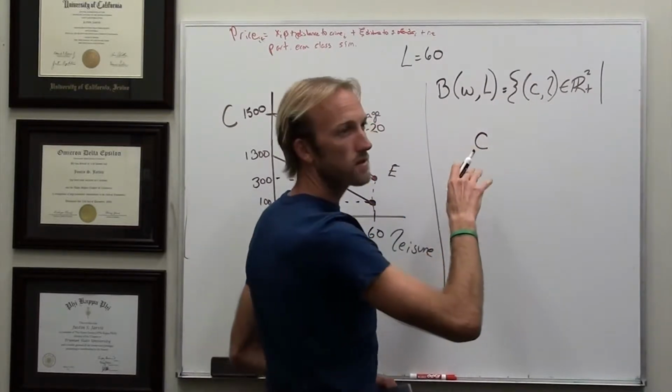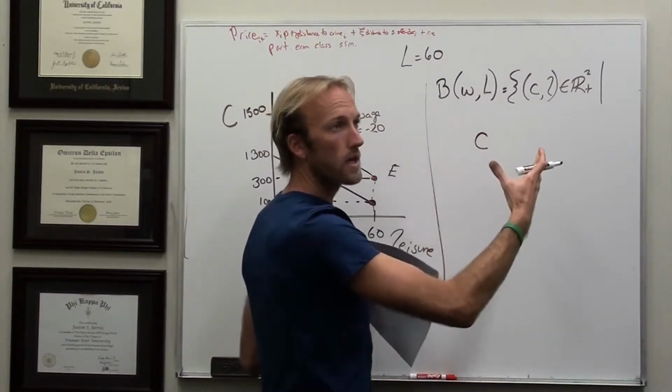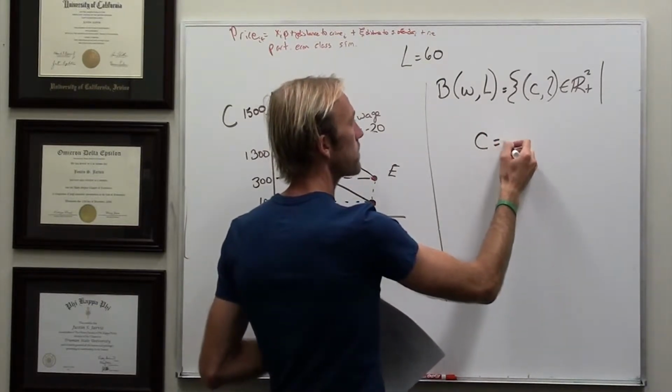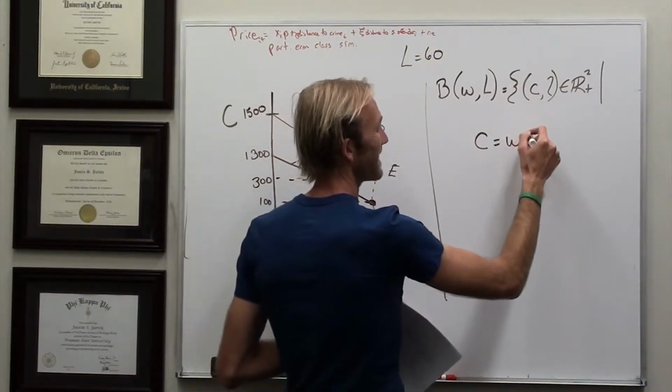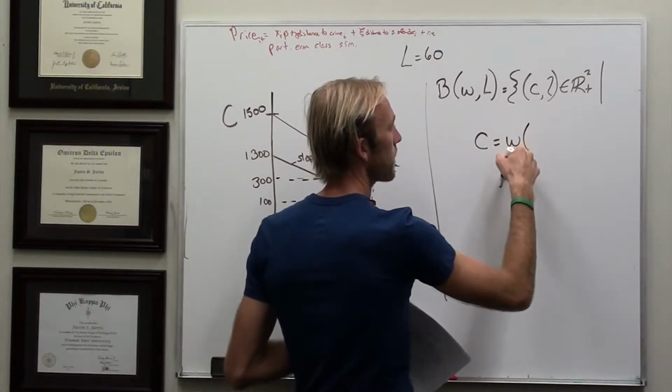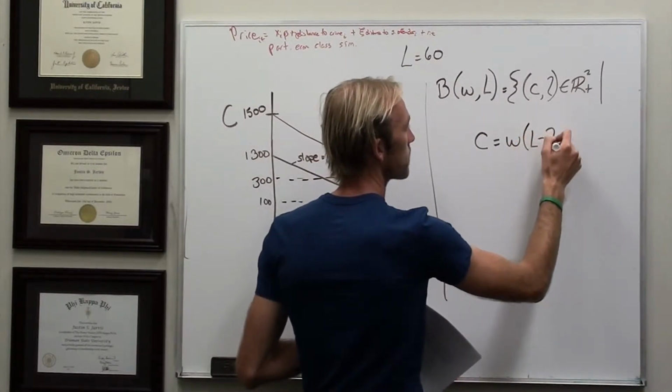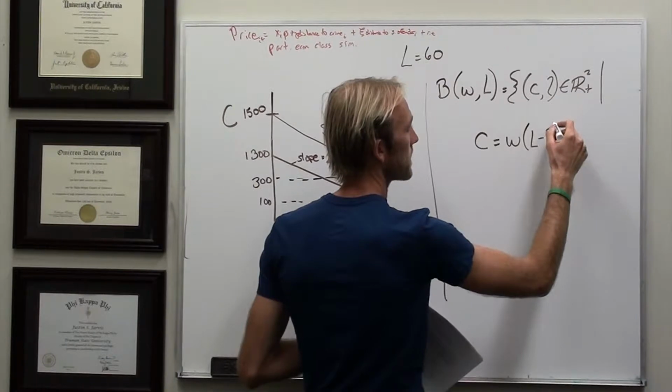Let's write it out long, and then we'll shorten it down a little bit. We usually have consumption is equal to my income. My income is going to be wage times my total amount of labor hours minus my leisure hours.